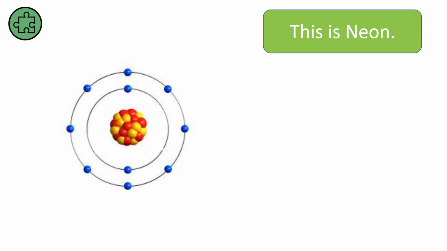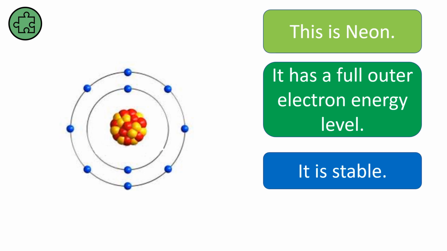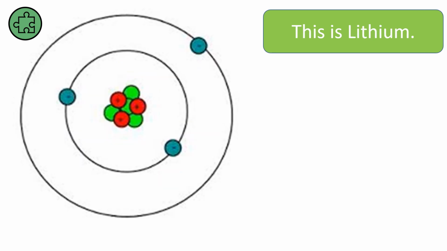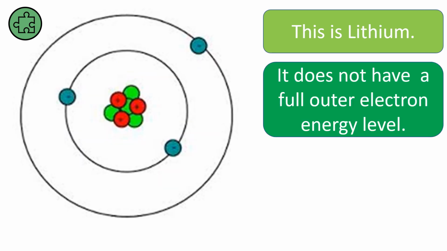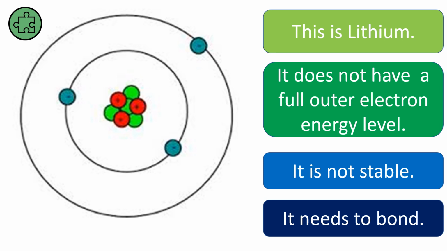This is neon. It also has a full outer electron energy level. So it's stable, it doesn't need to react, it doesn't bond. So this is lithium. It doesn't have a full outer electron energy level, it isn't stable, and therefore it needs to react, it needs to bond in order to gain a full outer energy level.